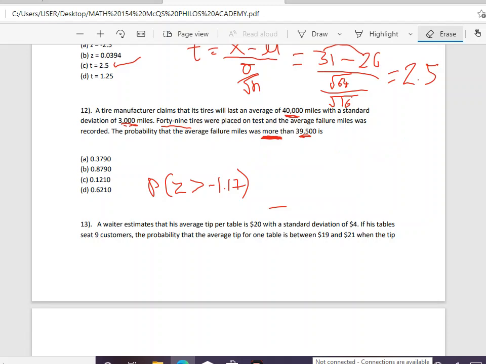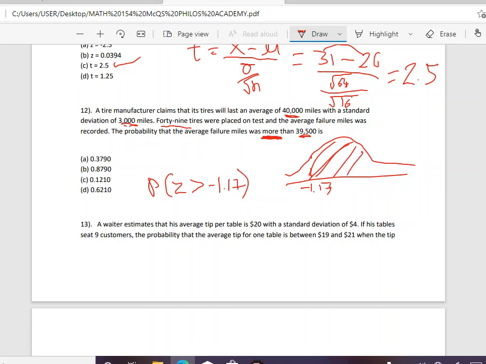Where is negative 1.17? It will be here. They say more than, so the area more than will be this place, meaning if you find this area.